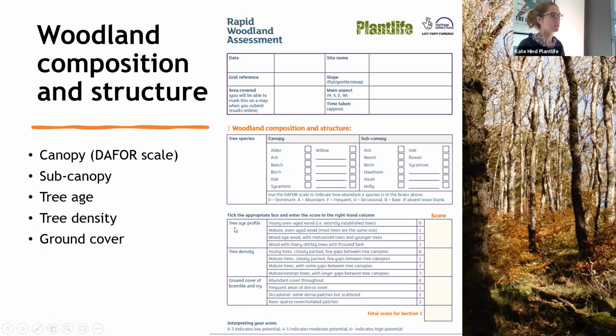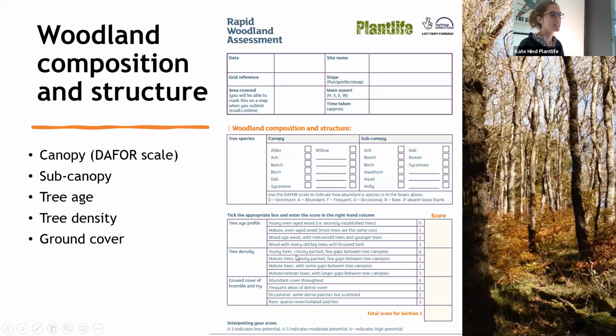The next section is on tree age, tree density, and ground cover. And we want you to read the statements and then choose the score. So for tree age, we want you to look at, is it a young, even-aged wood? Then it would get a low score, it gets a 0, all the way up to it's a wood with many old big trees and fissured bark, and then it would get a high score of 3.